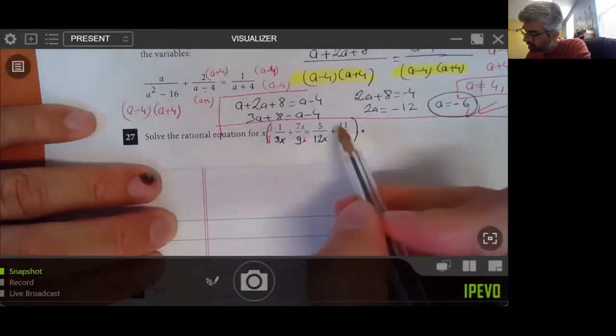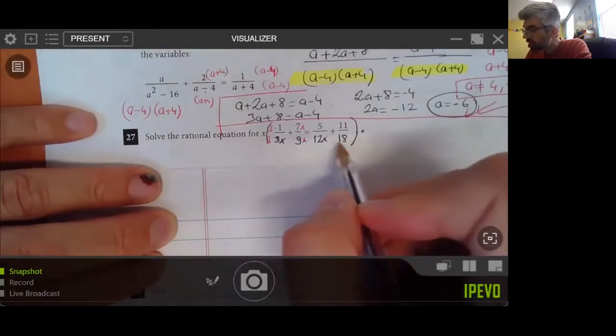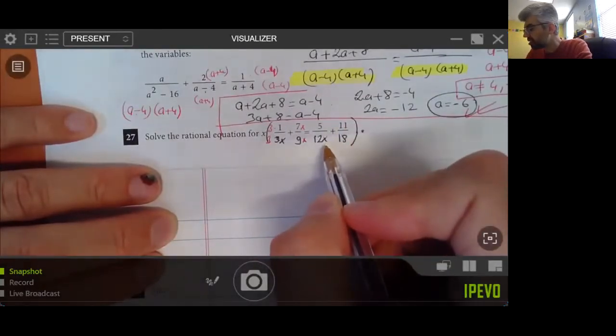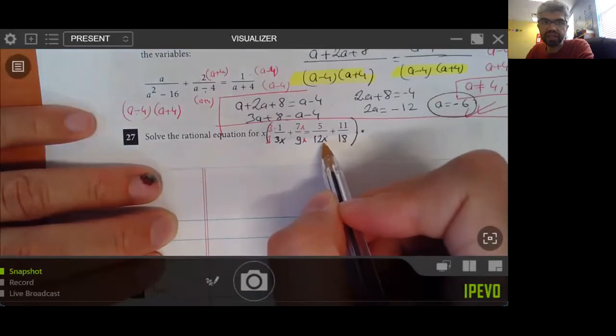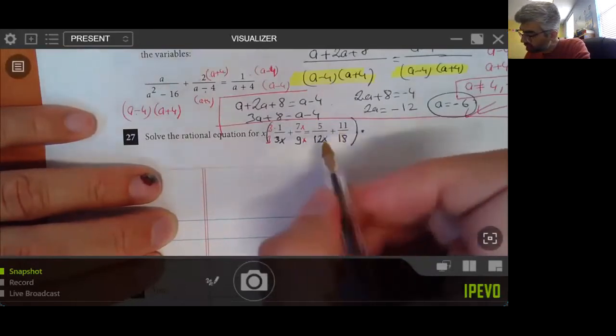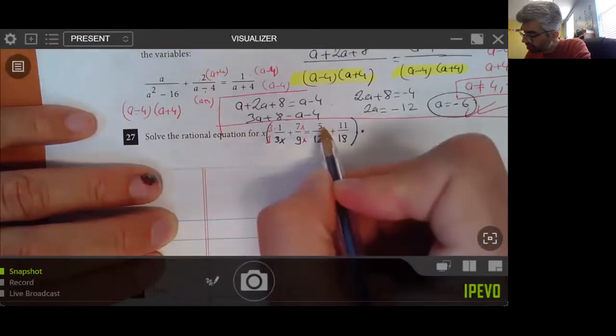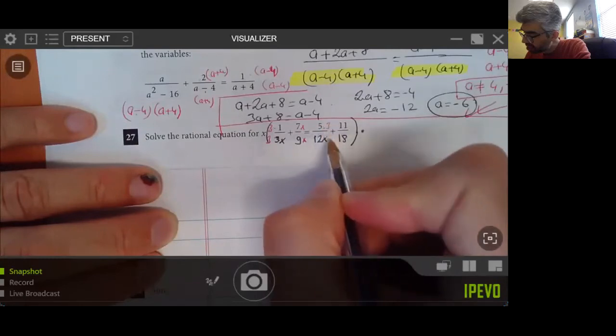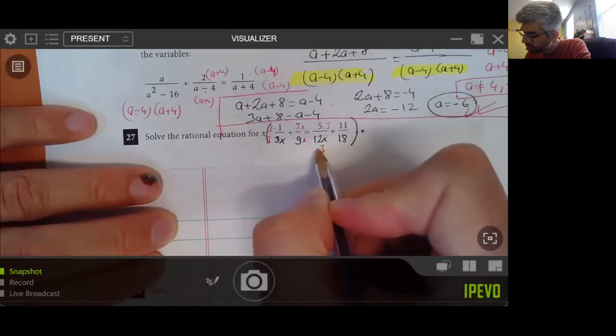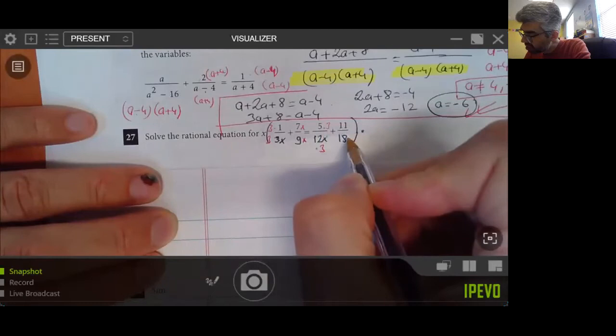And on the right hand side, common denominator is 36x. This is the least common multiple of 12 and 18, okay? So I multiply this by 3 times 3, and this one multiplied by 2x.